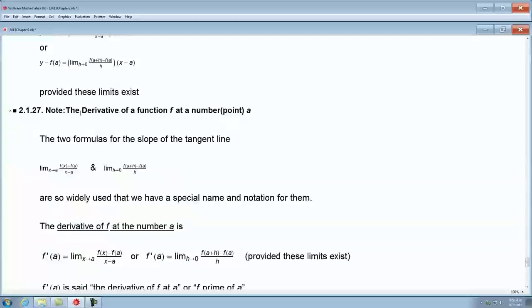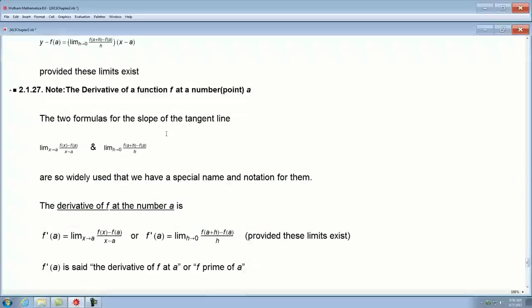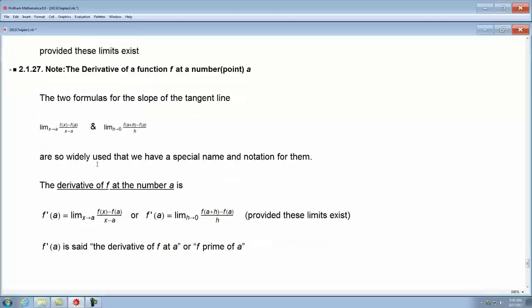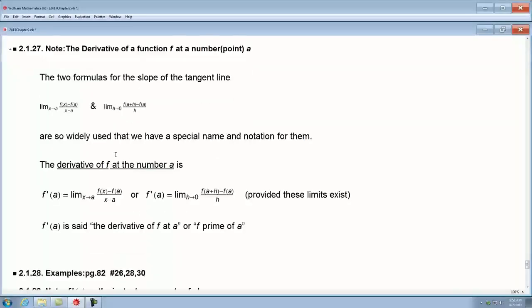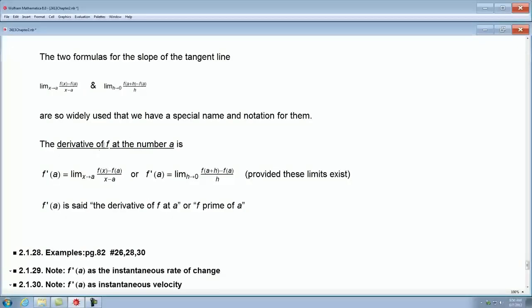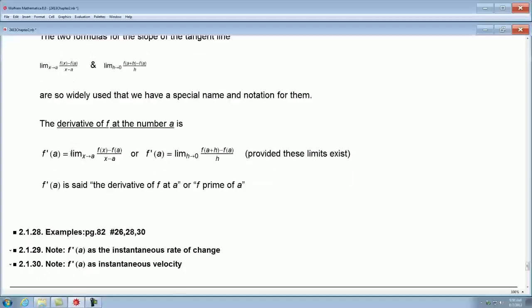All right, the derivative of a function f at a number. So the two formulas for the slope of the tangent line I already gave you. They're so widely used, okay? We are going to use these so much that we have a special name and notation for them. Those limits are called the derivative of f at the number a. So when you see this limit right here, that's the slope of the tangent line at a.